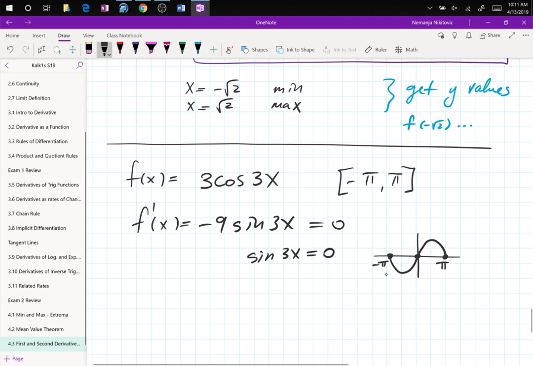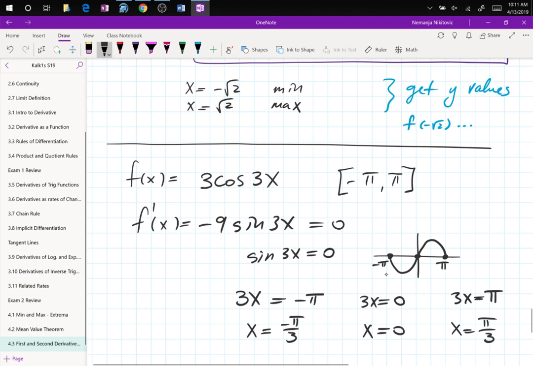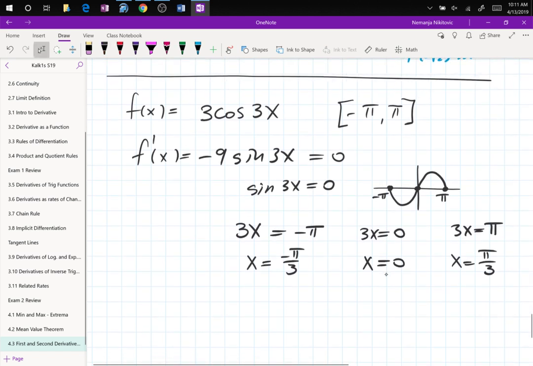You are going to say that 3x is equal to negative pi, 3x is equal to 0, and 3x is equal to pi, because your angle is not x, your angle is 3x. So now you have to solve these equations and you get x equals negative pi over 3, x equals 0, and x equals pi over 3. So those are the 3 that you worry about.